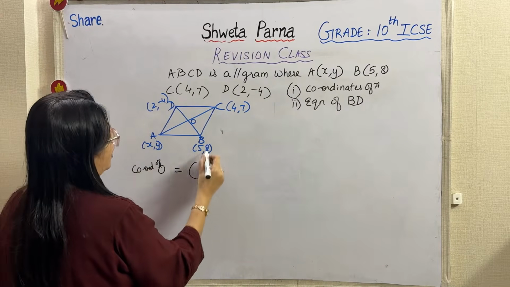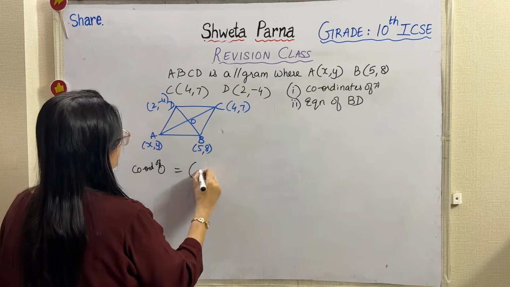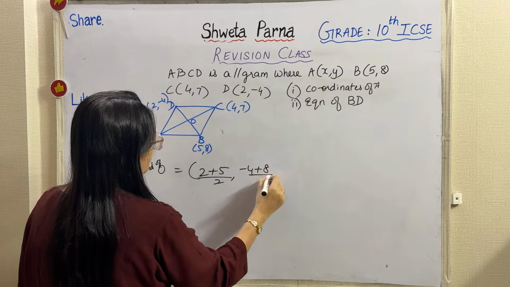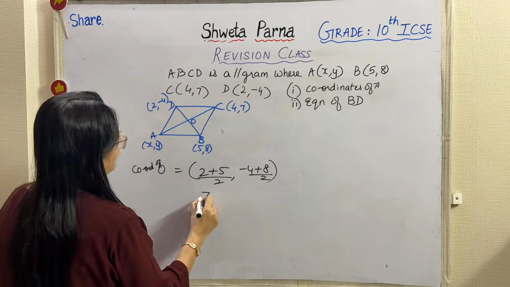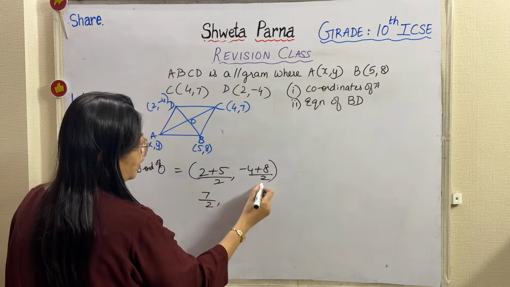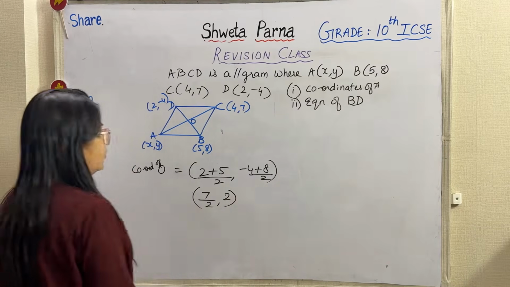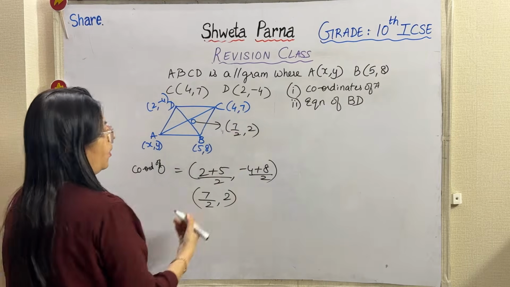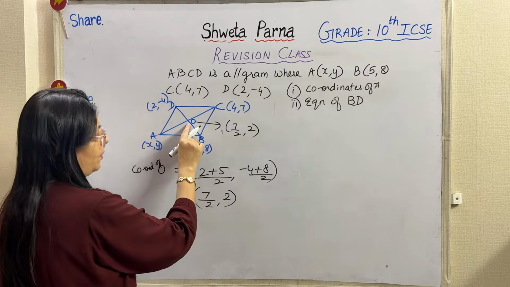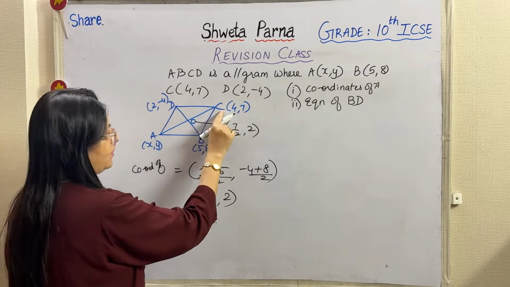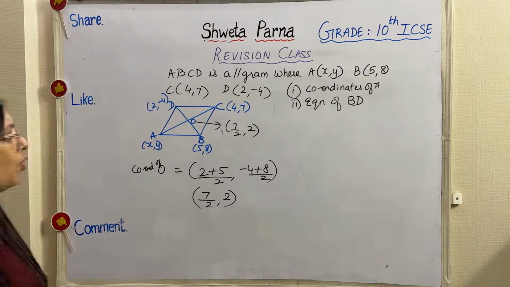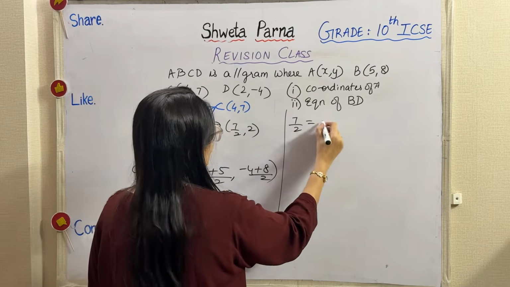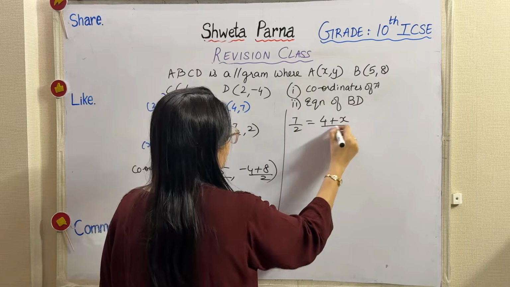So it would be (x1 plus x2) upon 2 and (y1 plus y2) upon 2. So this would be 7 upon 2 and 4 upon 2, which is 2. This is the coordinate for O. Now taking this as the midpoint and C as one of the points, you find the coordinates of A. 7 upon 2 is equal to (4 plus x) upon 2.